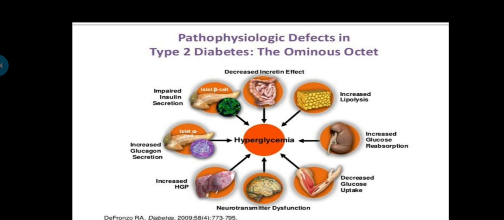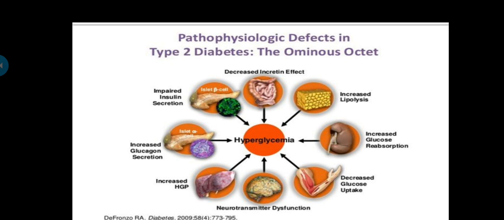Incretin is a very important molecule which is released when we take a meal. The intestine senses that meal and liberates incretins, and incretins help in the more release of insulin. We have seen in the picture of insulin release that incretin has its receptor present on the beta cell, and those are G-protein coupled receptors, and incretin stimulates the release of more insulin. So if there is a decrease in incretin effect, there will be decreased insulin release.